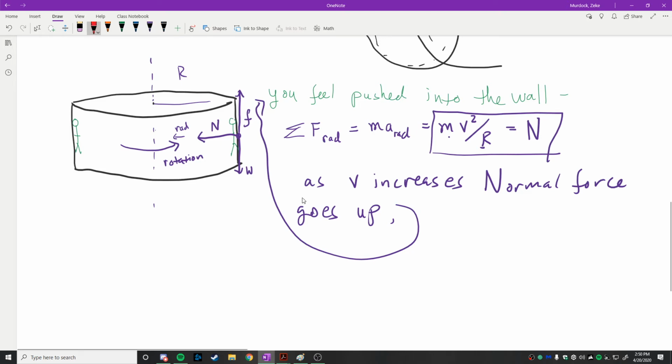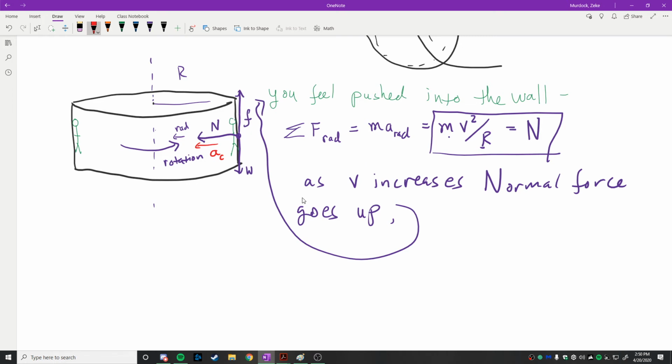And to be 100% clear, in this case the acceleration also points in this direction. That's the direction of the centripetal acceleration, or the radial acceleration, or whatever you want to call it. So it seems like you're being pushed to the right, but you're actually being pushed to the left. What you're feeling is the force of the wall on you, but you think it's the force of you on the wall, which is really kind of weird.